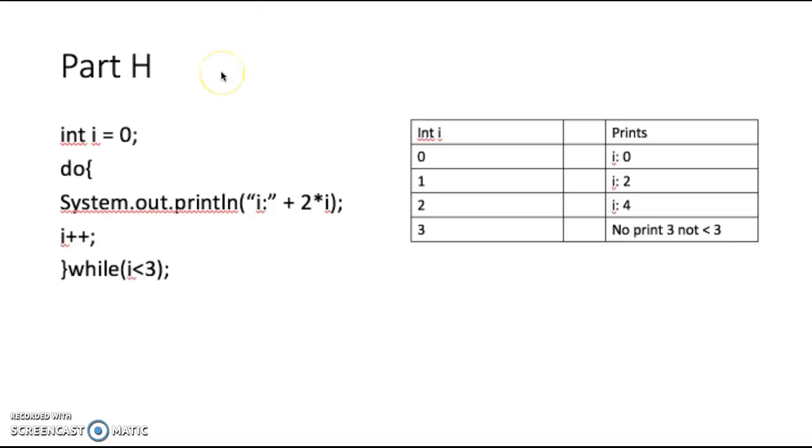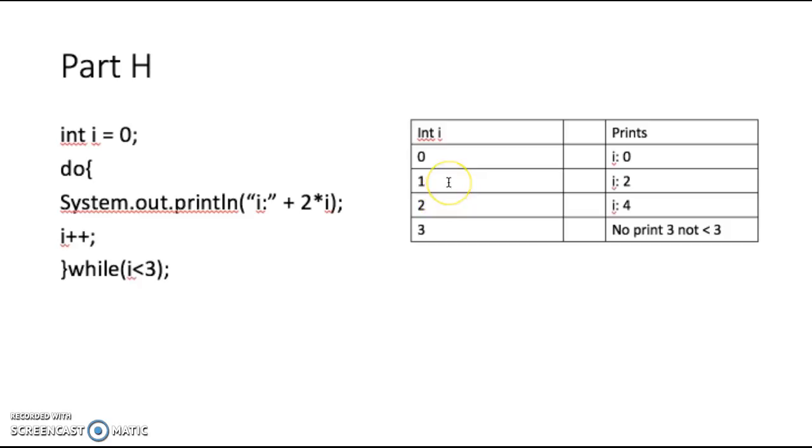So for part H, we have an example where int I equals 0, and it says do the print statement I colon 2 times I, and then you're going to add 1 after this runs, and at the same time I needs to be less than 3. So as you can see from our statement, we run 0 through it, and 2 times 0 is 0, and that's our print statement, I colon 0.